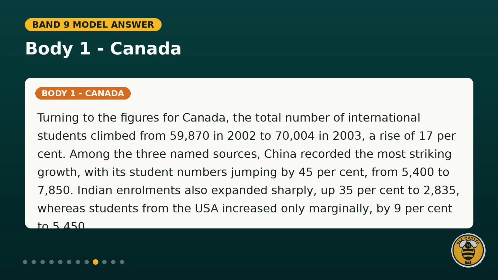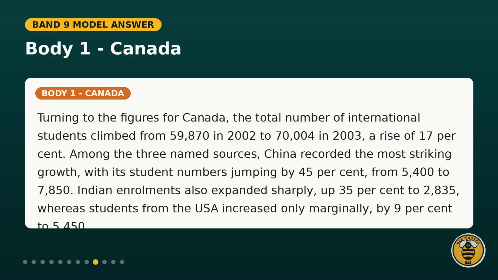Body paragraph 1, Canada. Turning to the figures for Canada, the total number of international students climbed from 59,870 in 2002 to 70,004 in 2003, a rise of 17%.